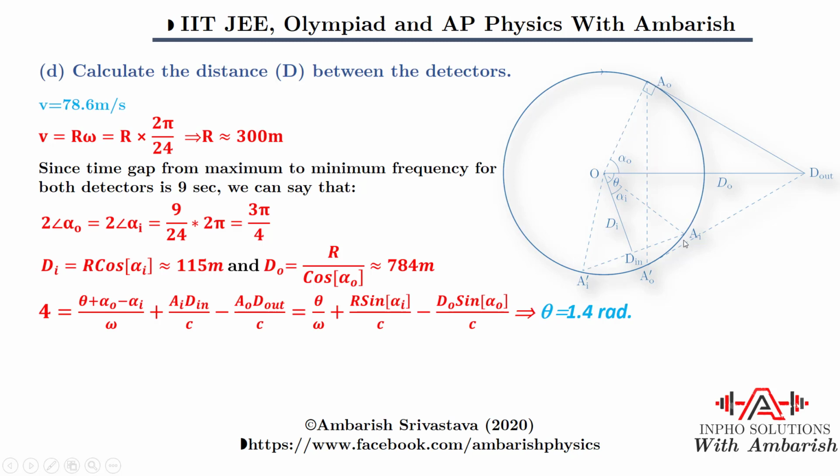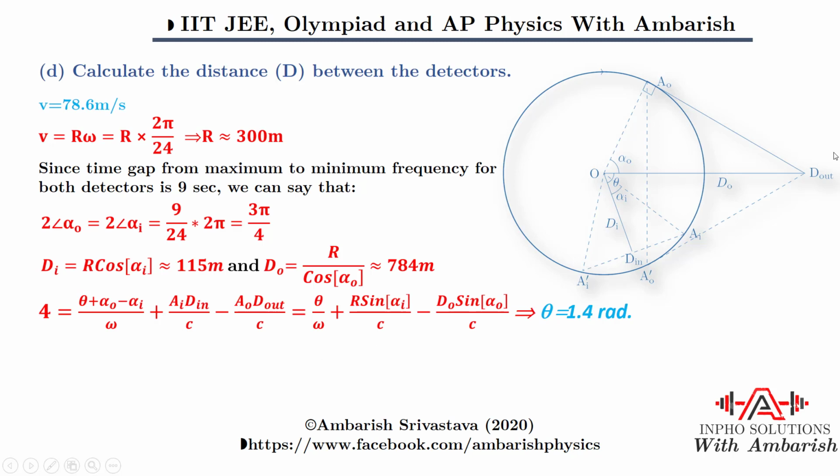After the source has reached here, there is some further time lag for sound emitted at AI to reach the D in, and that will be AI D in divided by C. So when the inside detector is registering a maximum, the time in the clock is (theta plus alpha naught minus alpha I) by omega plus AI D in by C.